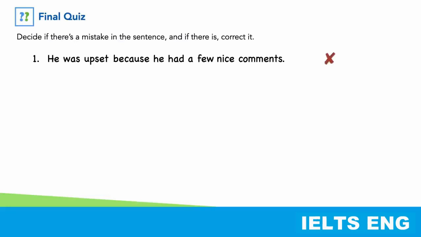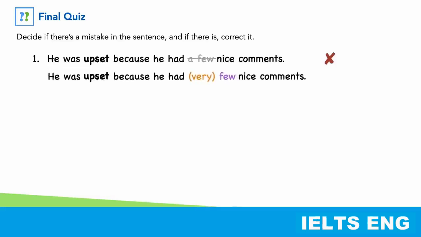This is not correct because we have the negative sense of being upset and the positive sense of having some nice comments. So we need to get rid of a few and say few or very few. He was upset because he had very few nice comments.